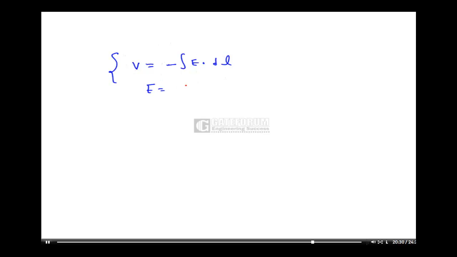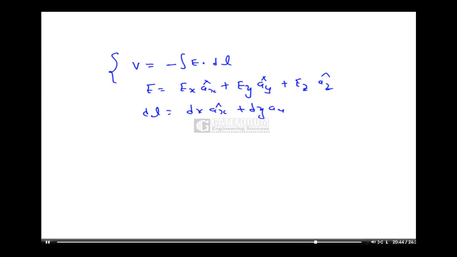But E I can write as Ex Ax cap plus Ey Ay cap plus Ez Az cap. The differential length dl is dx Ax plus dy Ay plus dz Az. Therefore E dot dl is Ex dx plus Ey dy plus Ez dz.